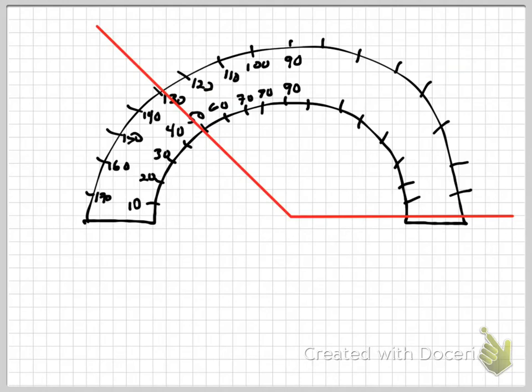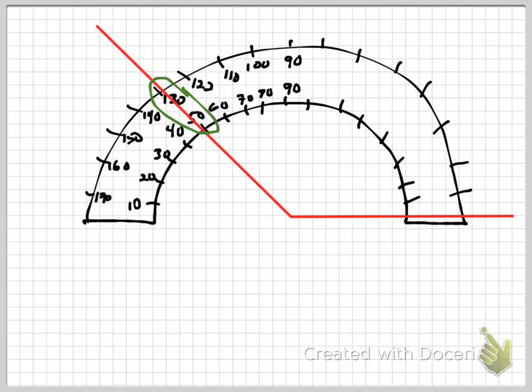It's obtuse. So that means that it is bigger than 90. We're looking at the angle. We see that it's obtuse. It's bigger than 90 degrees. So when it goes through both the 50 and the 130, how many degrees is that angle? Why is it 130? Why not 50? Because we've already decided that it is obtuse.